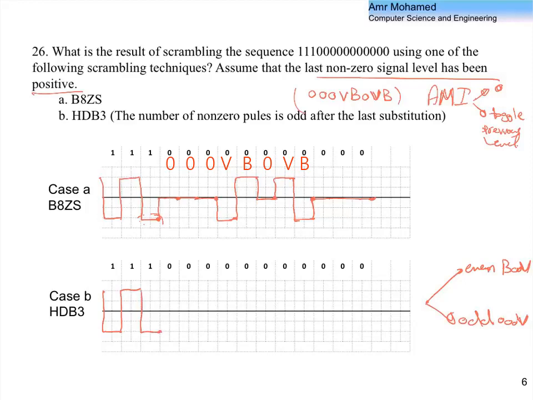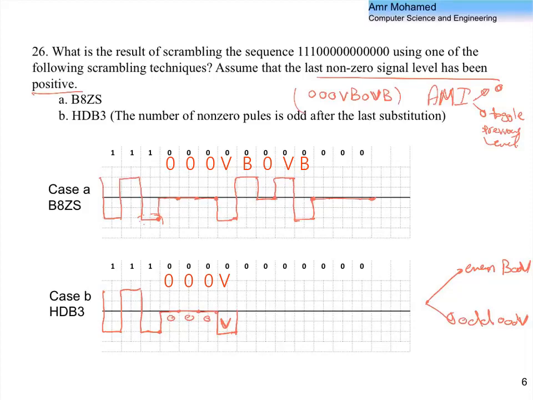Then we have 4 consecutive zeros. For these 4 consecutive zeros, the number of previous ones is odd, so we go 0, 0, 0, and then V. So this is V, and this is 0, 0, 0.